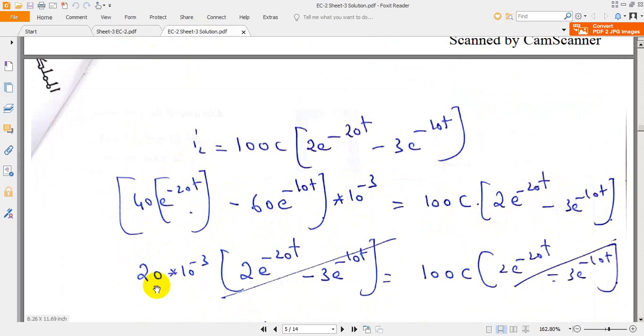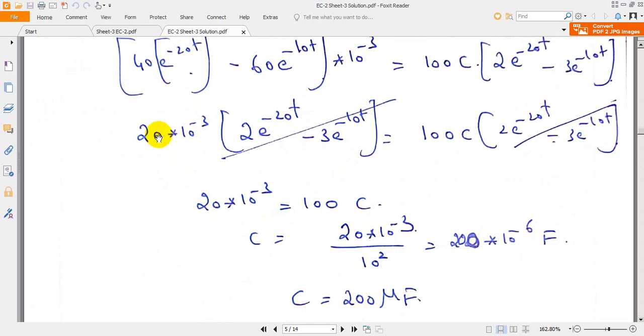From this expression we will be taking 20 into 10 power minus 3 as common. When we take 20 into 10 power minus 3, 20 into 2 will become 40 e power minus 20t, and then from here 3 e power minus 10t, and this expression will get cancelled. We will get 20 into 10 power minus 3 is equal to 100C, and C is equal to 20 into 10 to the power of minus 3 divided by 10 square.